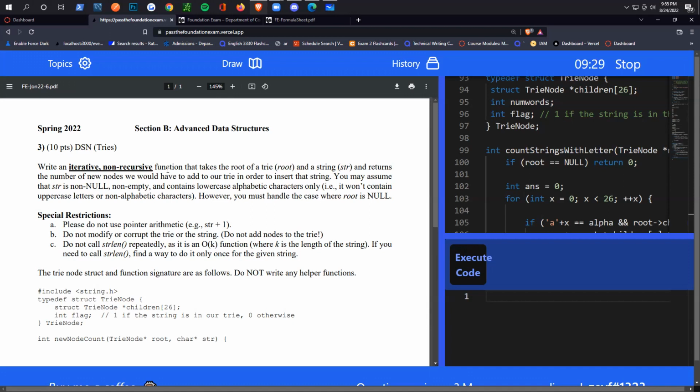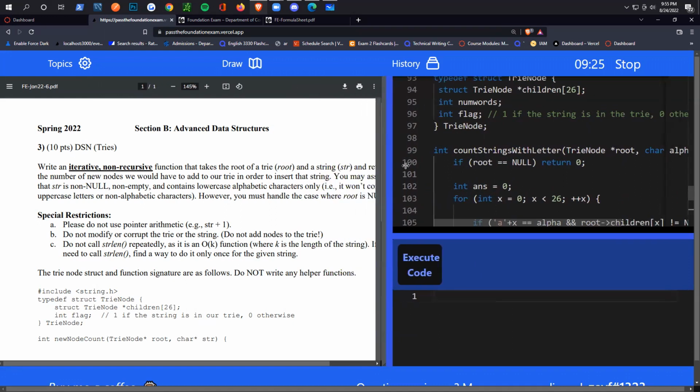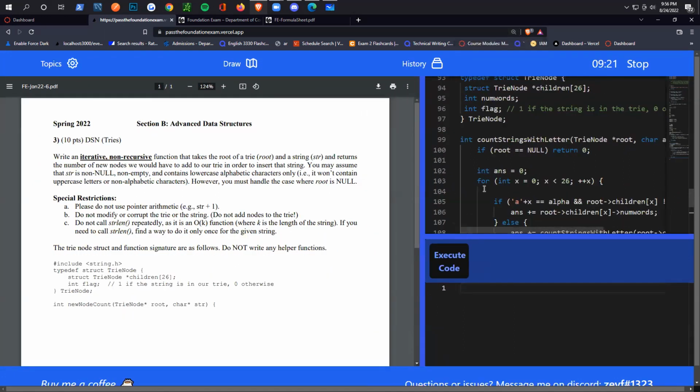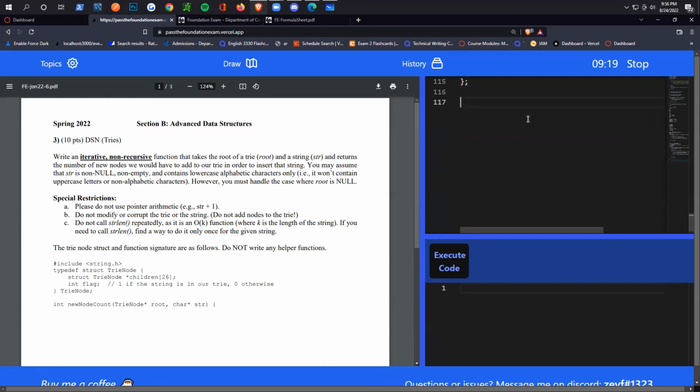Okay, so whenever they tell you certain things like that, just do it right away, if you can. They're saying root is null, but they also give us special restrictions. So let's take note of these restrictions. The root can be null. The string will be non-null. Lowercase.